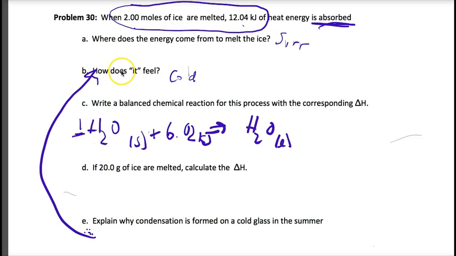And so notice, you see why I had to divide this by 2, because when I read the problem, it says when 2 moles of ice are melted. My balanced equation only has 1 mole. So why don't you try letter D all by yourself? See how you do. So pause this, and let them work at it and see what they get.